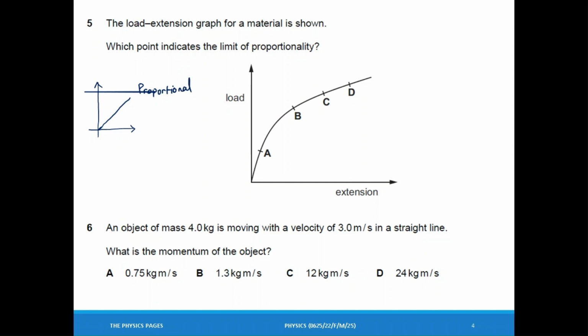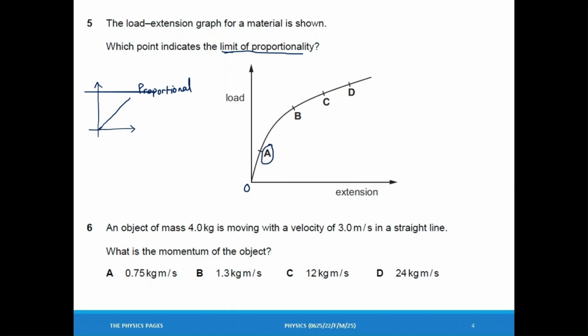But if it converts into a curve, it will go to either decreasing a quantity or increasing a quantity. So here you are asked to find limit of proportionality, that is where proportionality is going to change. So it's understood that this curve starts from the origin and it goes straight until point A, and then it is starting to bend. So limit is A point. After this it is going to bend.